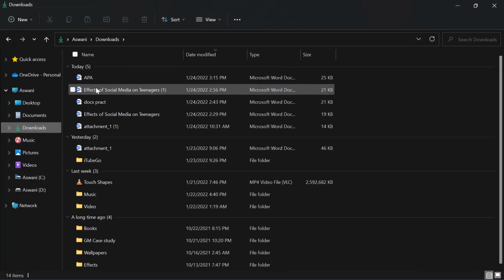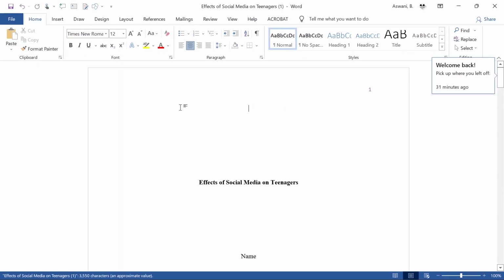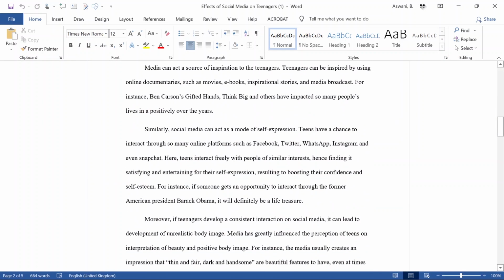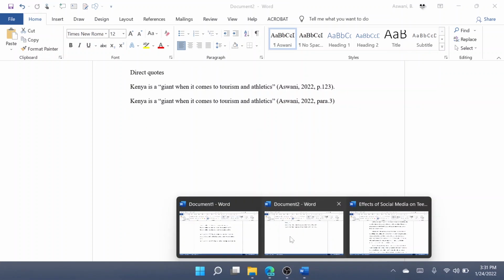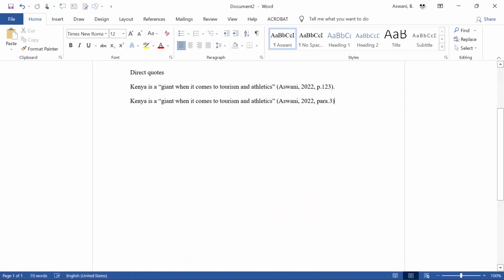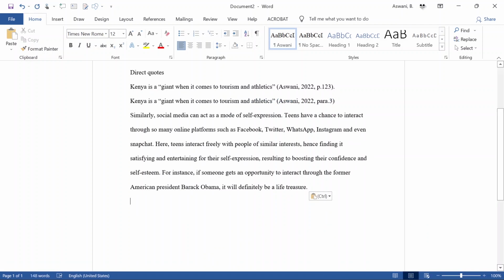So let me just get an example to illustrate the idea of direct quotes. So maybe this was somebody's work. Somebody was talking, and this paragraph is here.